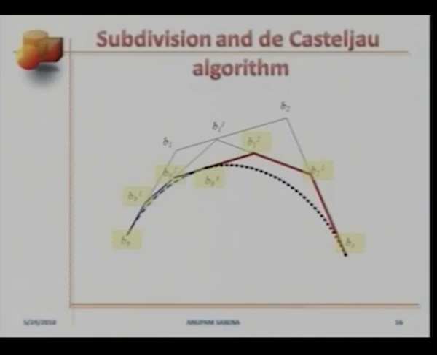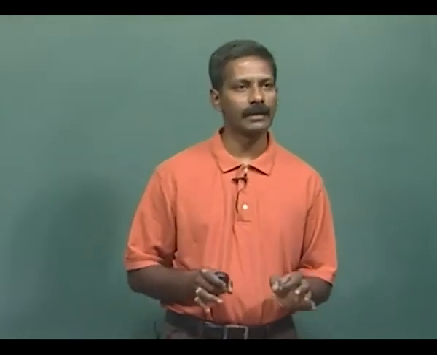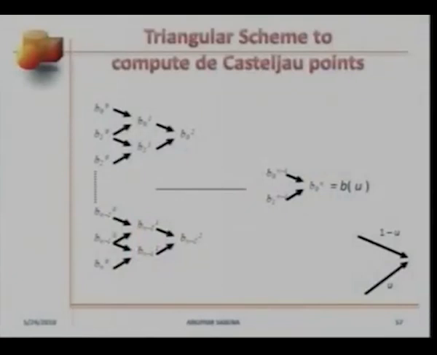The points in this slide, which are shown highlighted, they corresponded to two different control polylines that defined two different Bezier segments. If you take a look at the inverted triangular scheme, the top edge comprises the points on the first Bezier segment, while the bottom edge comprises the points on the second subdivided Bezier segment in the subdivision approach.